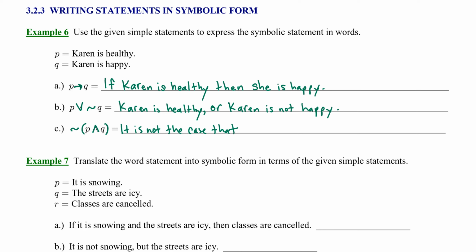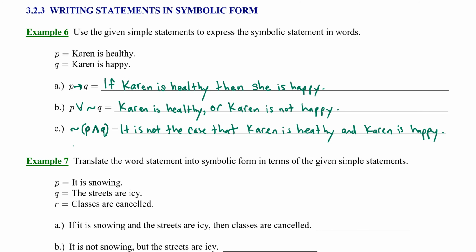That communicates the idea that the statement that follows, the entire statement, is what's being negated. Now, this statement is a conjunction, P and Q. It is not the case that Karen is healthy and Karen is happy.